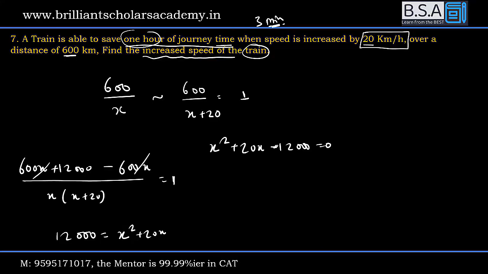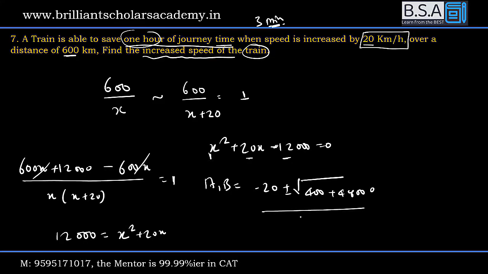What is the formula for a quadratic equation? The roots are minus of the middle term plus minus root over the square of the middle term minus 4 into 1 into this. So it will become plus 48000 upon 2. See, roots cannot be negative, speed cannot be negative.